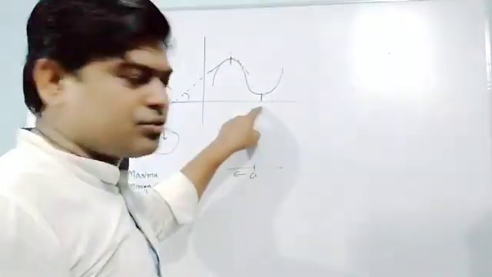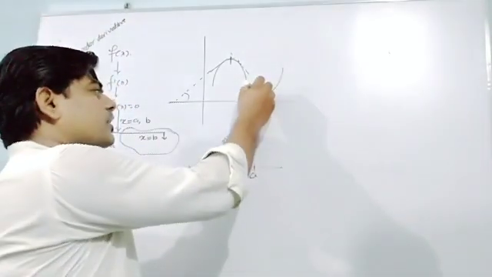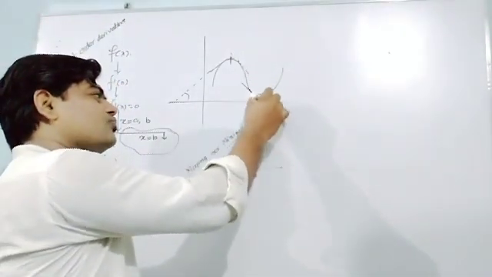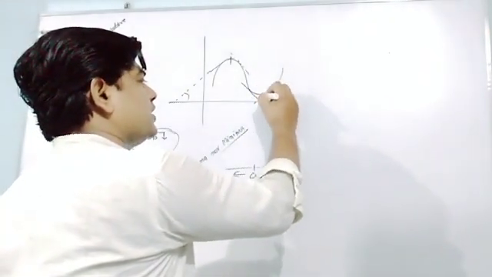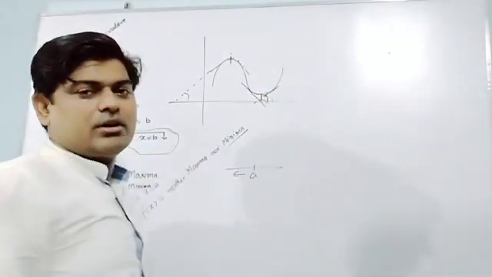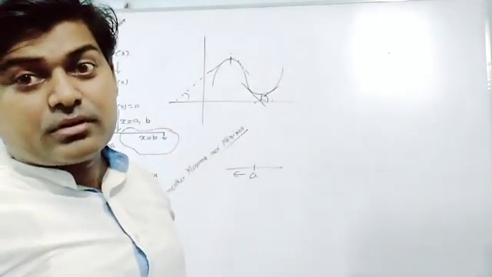But when I discuss the same thing at this point, if I am taking x is equal to a here, and when x is less than a, like that, you will draw, so that will be negative, and more than a, if I draw a tangent, it will be an acute angle. For an obtuse angle it is negative, and for an acute angle it is positive.